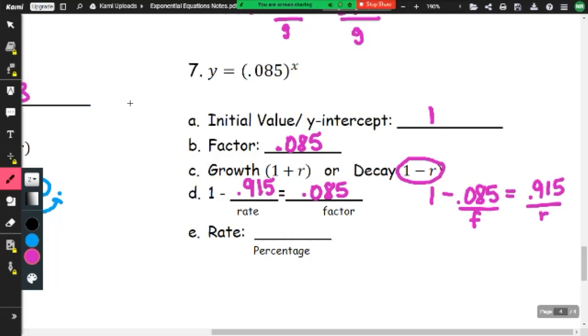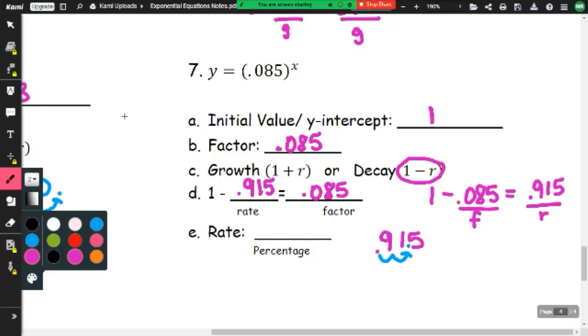And the 0.915, this is the number that I have to convert back to a percentage, not the factor. So if you do this to find the value, make sure you know that your answer is the rate, okay? Not the 0.085. So now let's convert it back. So 0.915 as a percentage is what? 91.5.